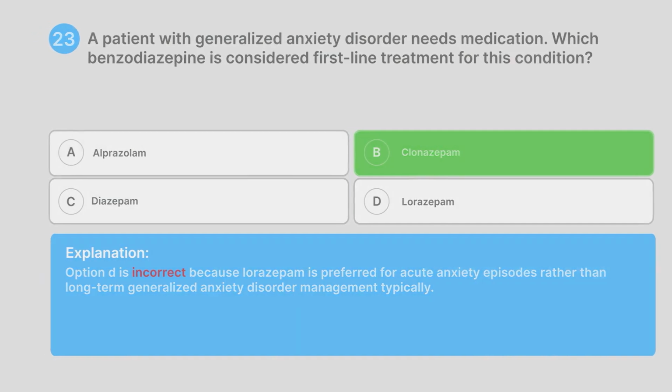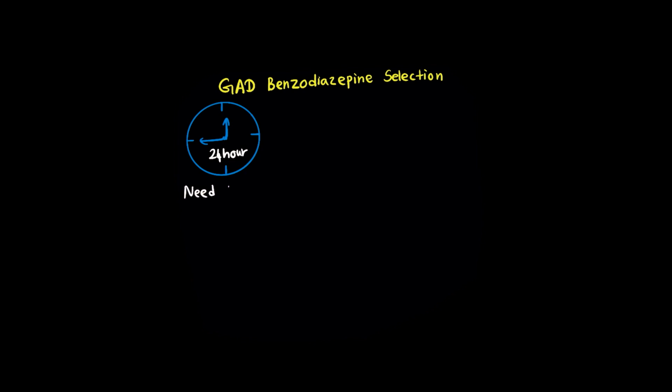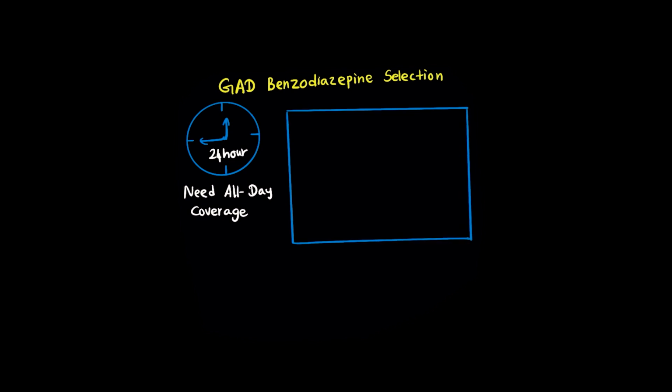To understand first-line benzodiazepine choice for generalized anxiety disorder, let's examine medication properties. GAD requires sustained anxiolytic coverage throughout the day to manage persistent worry. Benzodiazepines differ in their half-lives and duration of action. Clonazepam has a long half-life of 30–40 hours, providing steady, sustained anxiety relief with less frequent dosing.